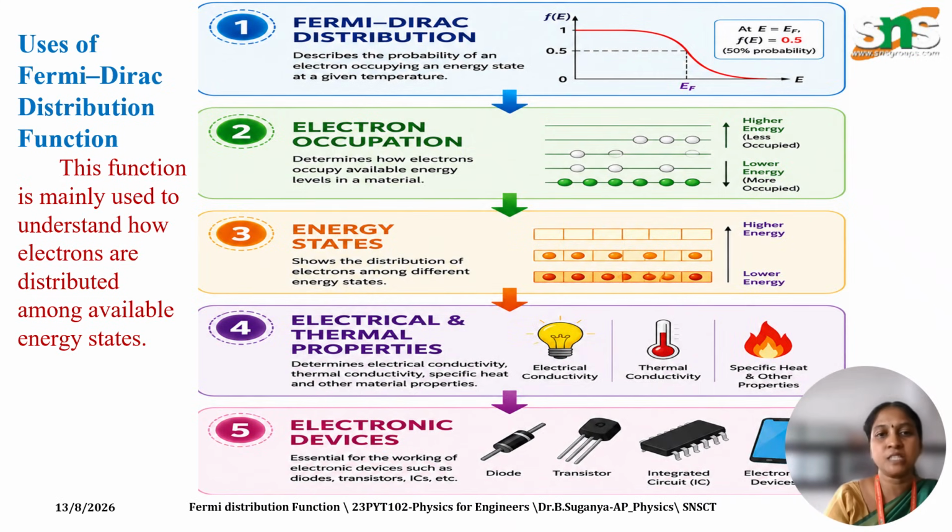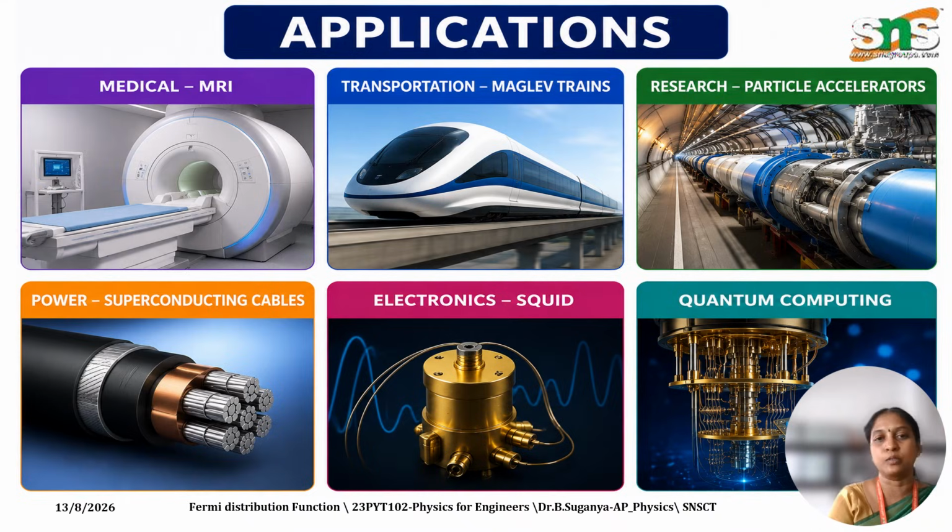It gives the probability of occupying an energy state at a given temperature, determines how electrons occupy available energy levels in the material, shows the distribution of electrons among different energy states, and determines electrical conductivity, thermal conductivity, specific heat, and other material properties essential for the working of electrical devices such as diodes, transistors, and ICs, that is integrated circuits.